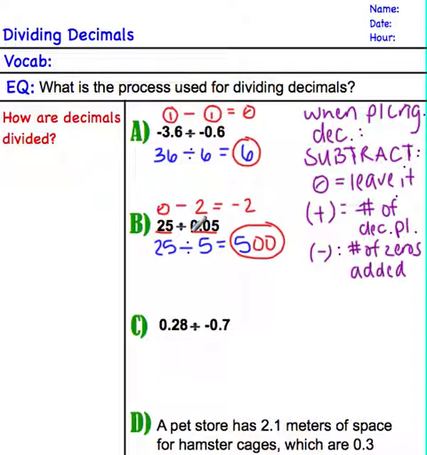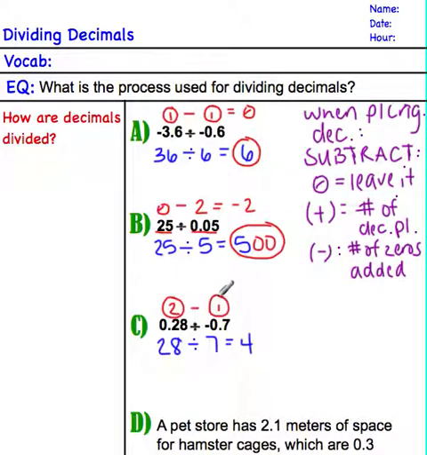Moving on to the third problem. Here, I'm going to treat this as if it were 28 divided by 7, which is 4. And when I check where I place my decimal, this one has 2, and this one has 1.